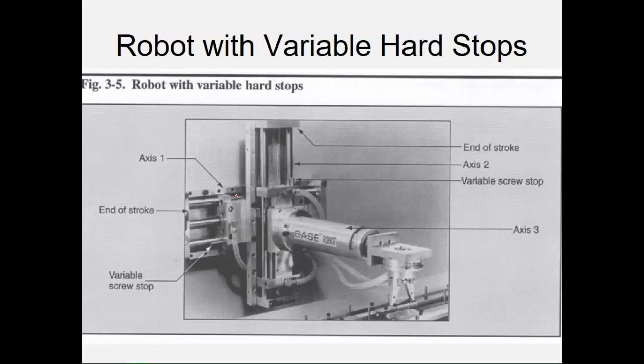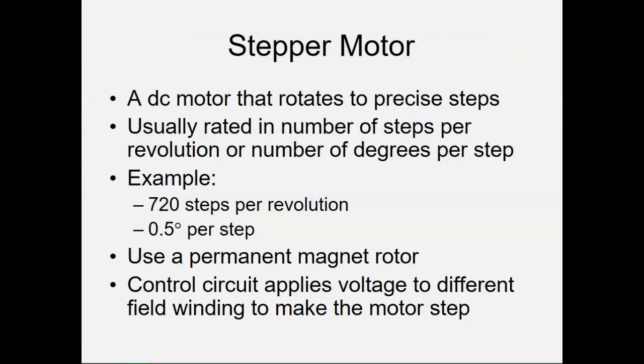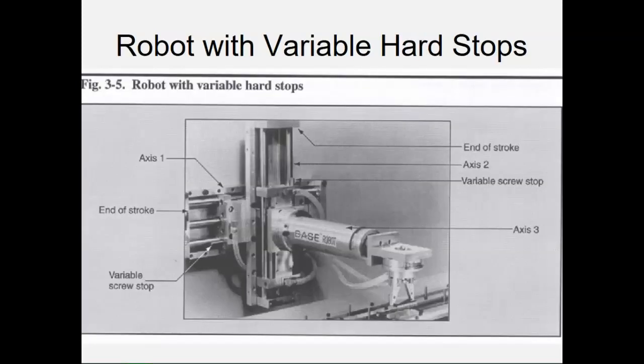What would be a downside to having those be variable? That, or somebody comes along and starts messing with them. How many of y'all know the people that go, ooh, what does this button do? Next thing you know, everything's all screwed up and you're just going, why did you touch the button? You're not supposed to touch the button. Okay.